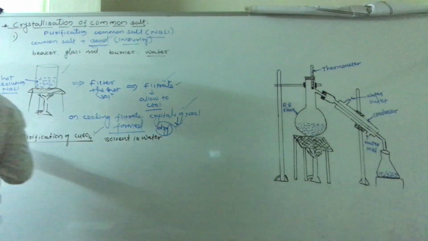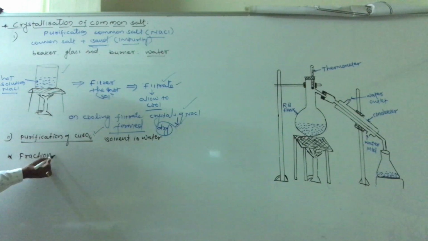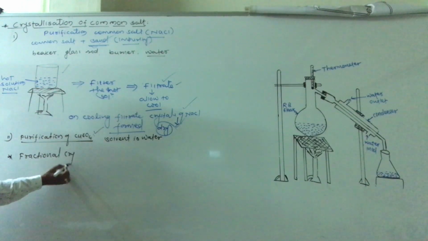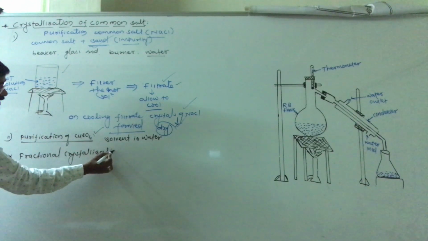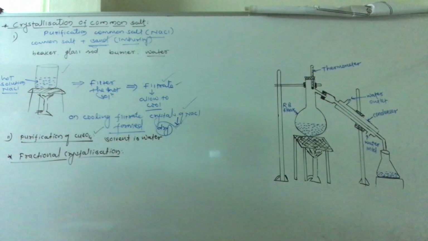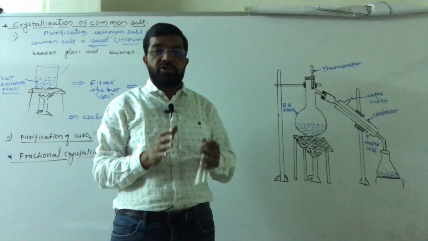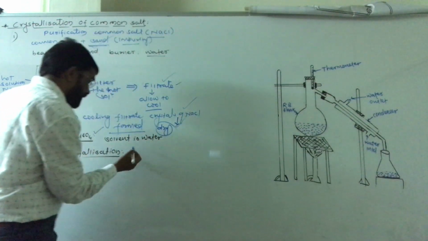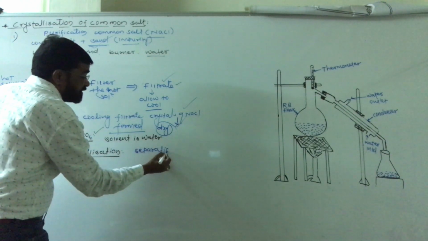Here see, the next point we have to study: fractional crystallization. So what is fractional crystallization? This process is used for the separation of two or more crystalline solids present in a mixture.